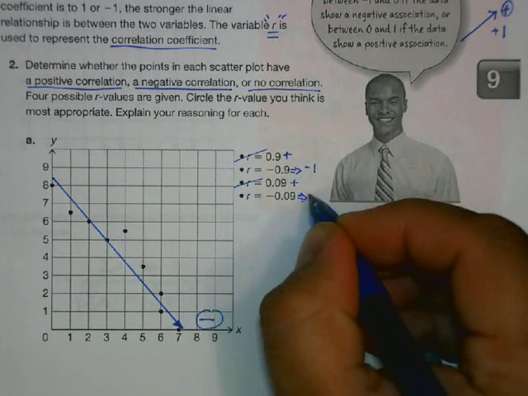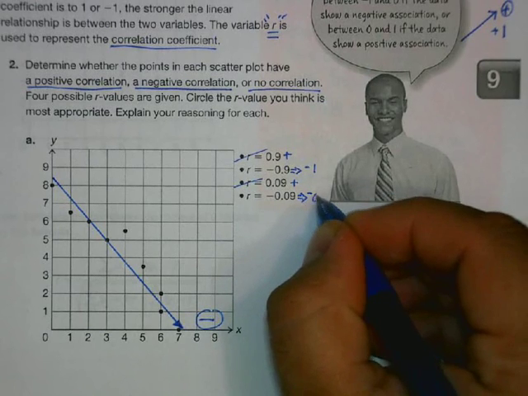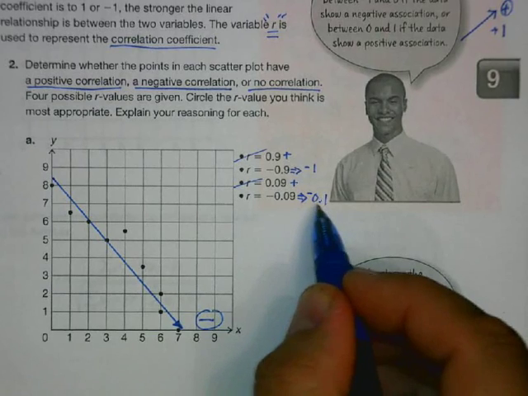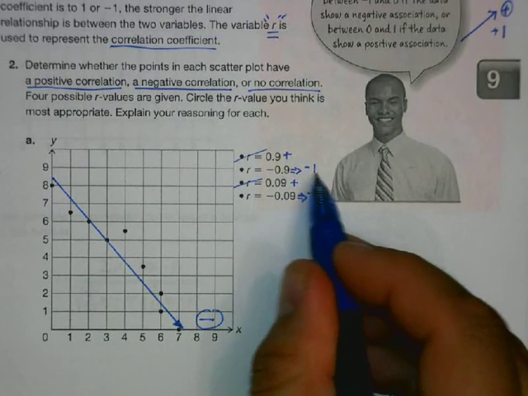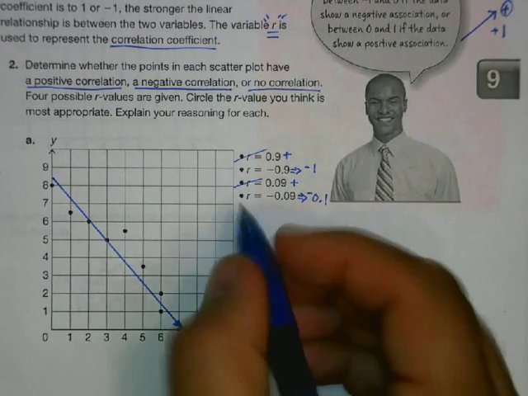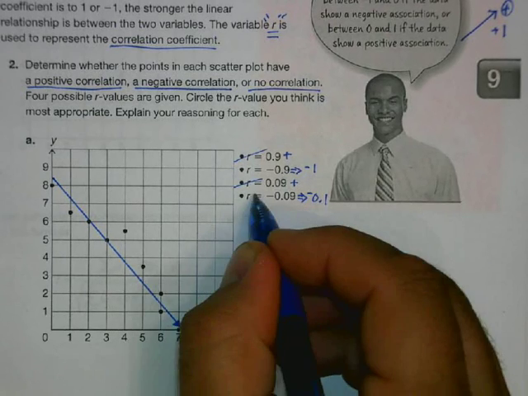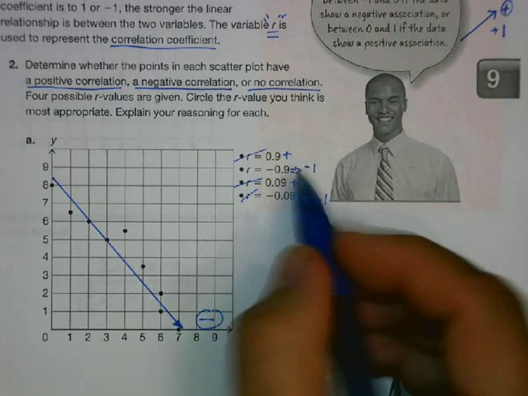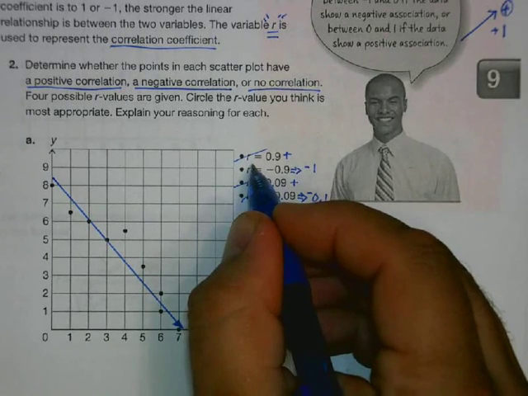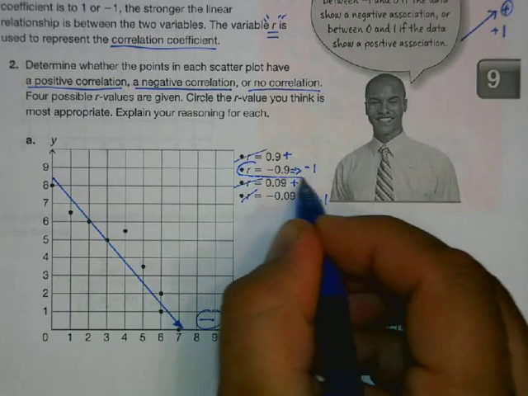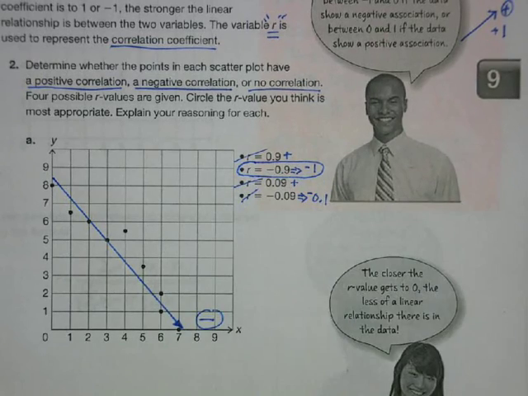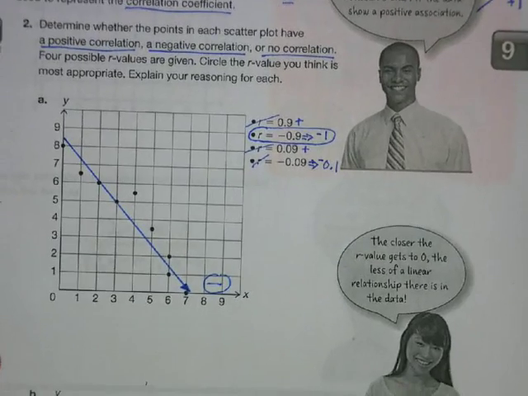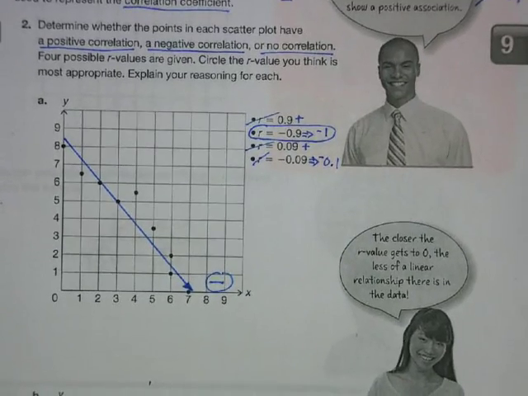Now we have to explain our reasoning. Just figuring it out isn't enough. We have to demonstrate through a written sentence. So we could say the given data shows a negative correlation. All this data was given to us, the given data shows a negative correlation.